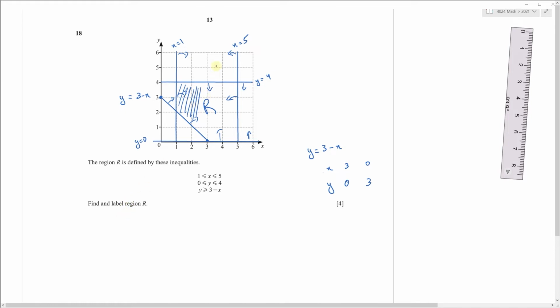You don't have to shade this, you just have to label it, but for clarity, I'm shading it so that you can understand better what region R is made of. So this is your region R here that satisfies all of these inequalities that are given in the question.